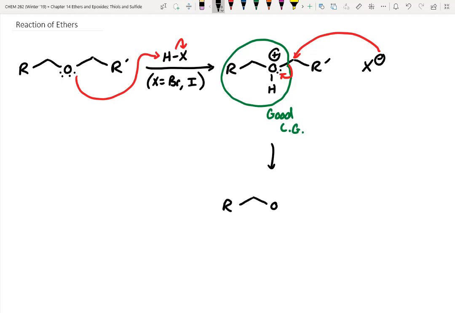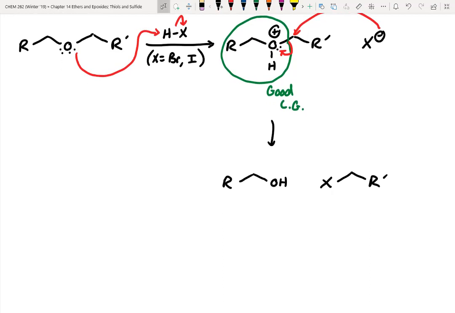We end up making an alcohol out of one end, and then the other end is now an alkyl halide, right? So we've split it into two separate pieces in this step. However, normally when we do this, we've got excess acid around. So in this next step, your alcohol can grab the proton from your excess acid.